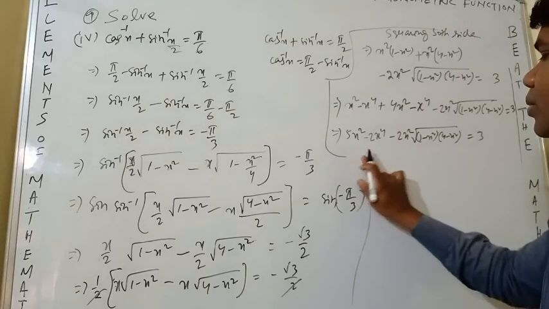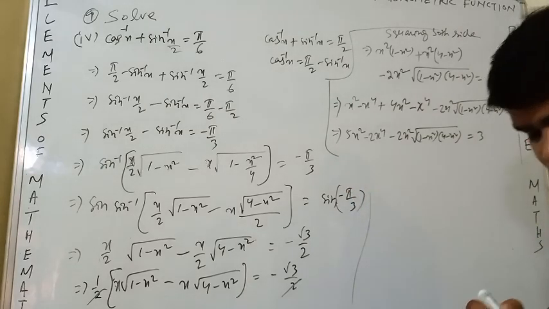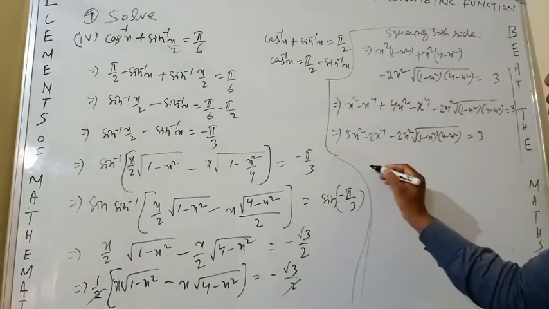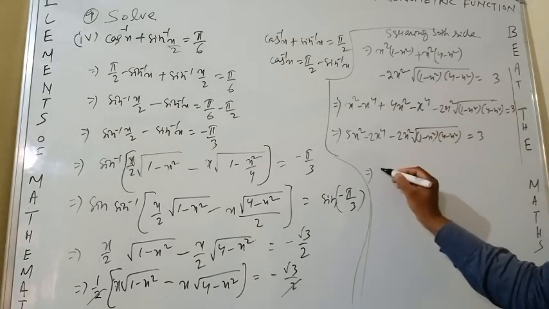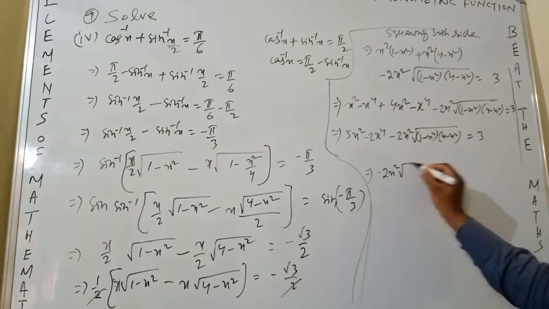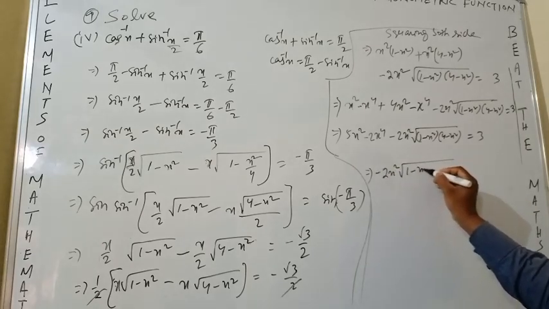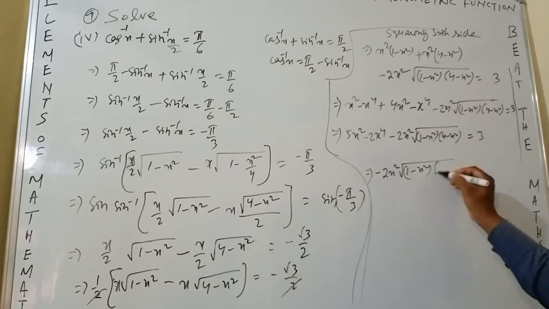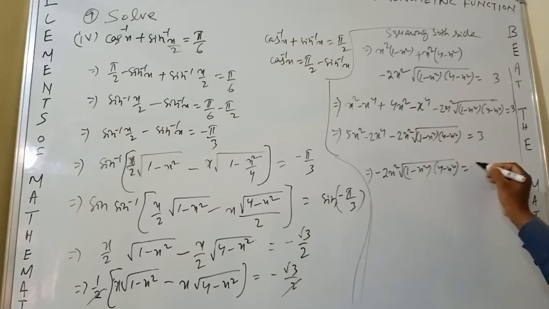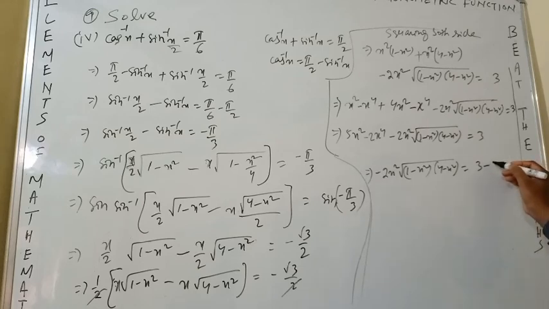So this implies, you write it, 2x square root over 1 minus x square, 4 minus x square is equal to 3 minus 5x square plus 2x^4.